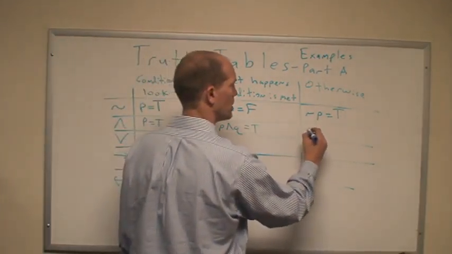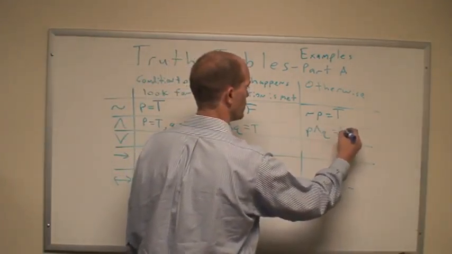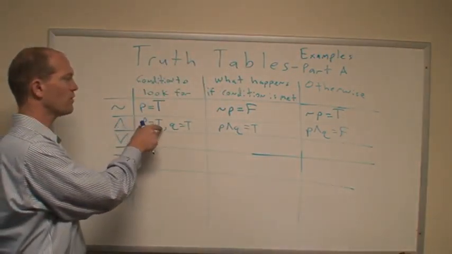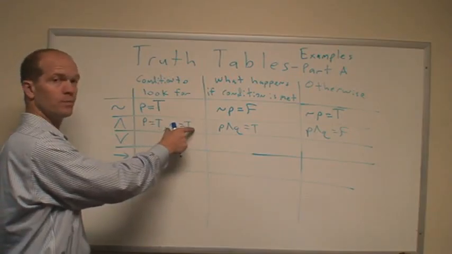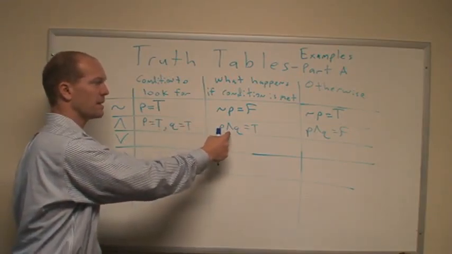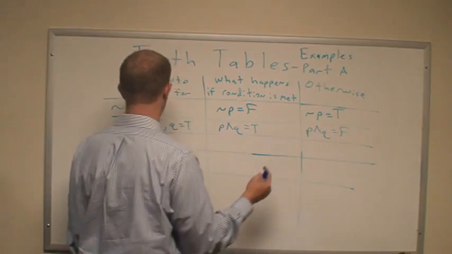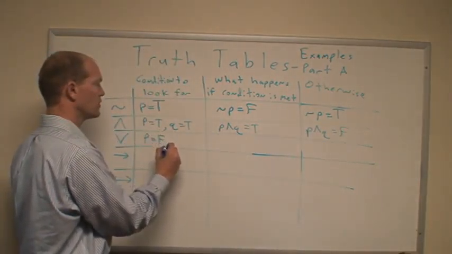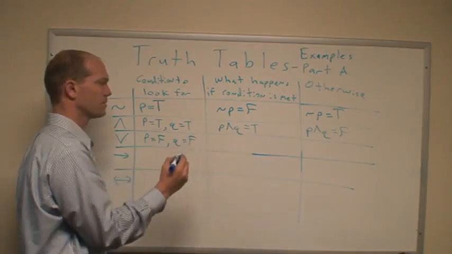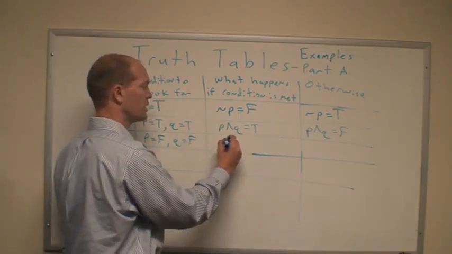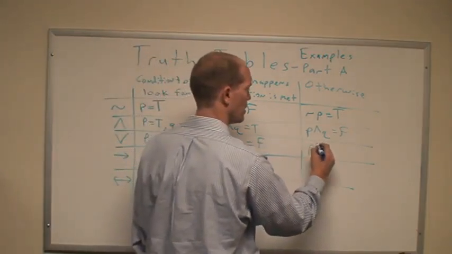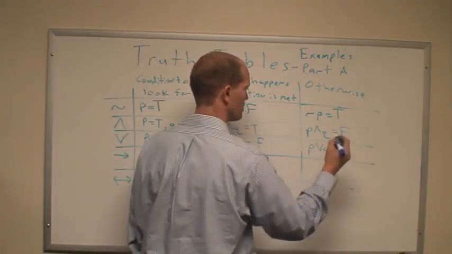Otherwise, P and Q is false. Again, what we're going to see with the AND is that we look for where P and Q are both true. Where that happens, the AND statement is true. Otherwise, it's false. For the OR statement, we're going to look for where P is false and Q is false, and when that's the situation, P or Q is false. Otherwise, P or Q is true.